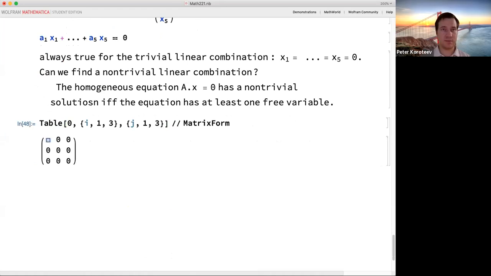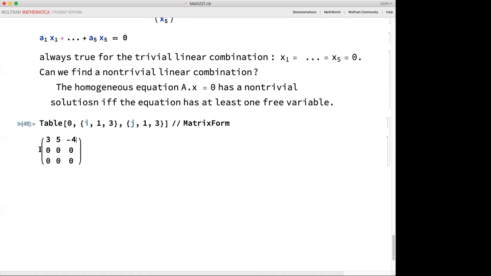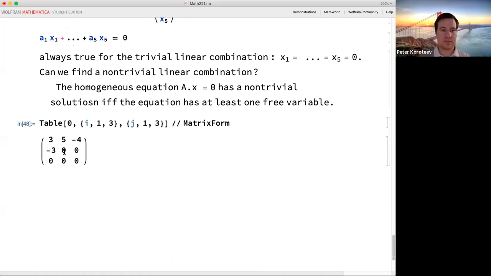I have it in the notes. 3, 5, minus 4. Minus 3, minus 2, 4. And then 6, 1, minus 8. That's the matrix, that's matrix A.